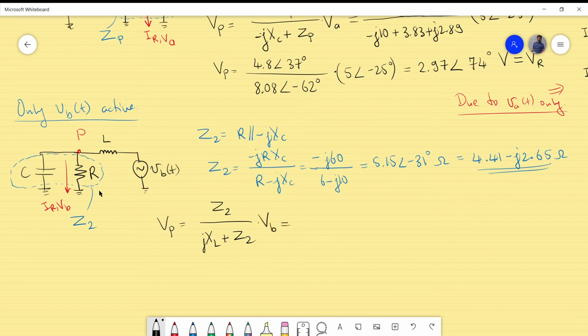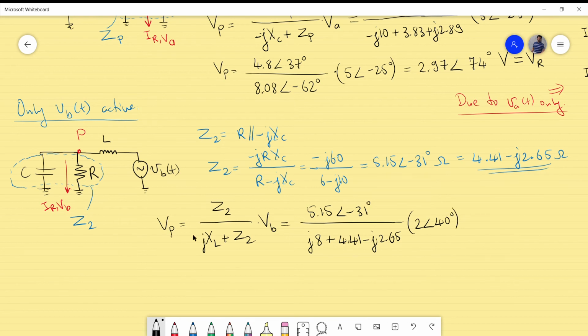So Z2 is given in the polar representation 5.15 minus 31 degrees, divided by j, and we have already calculated the inductor, which was 8, so j8 plus 4.41 minus j2.65, and then times the voltage VB, which is 2 volts phase 40 degrees.